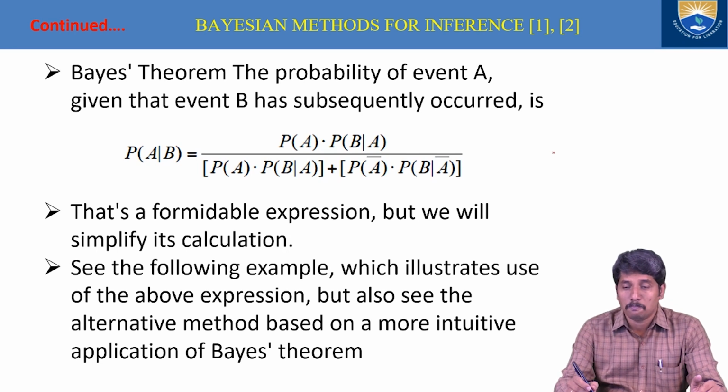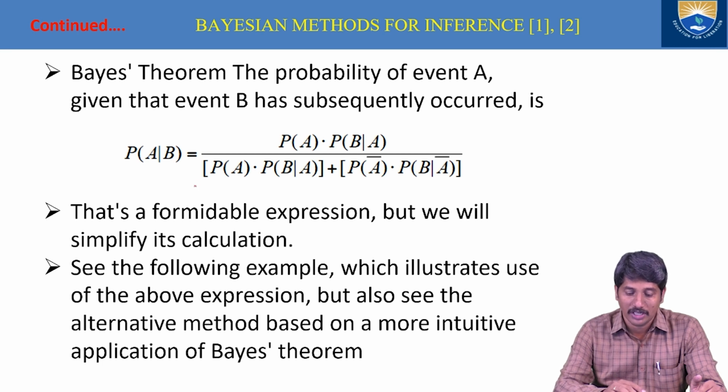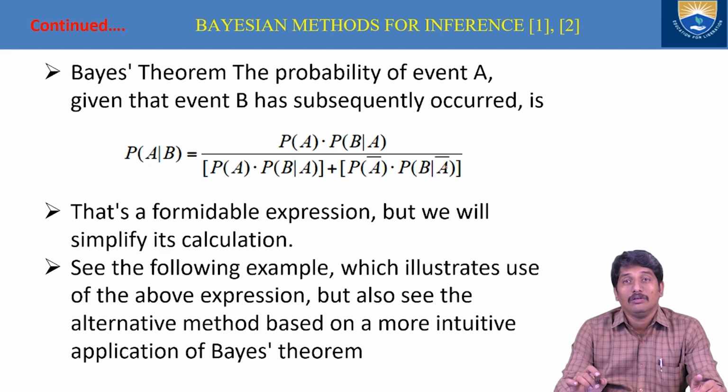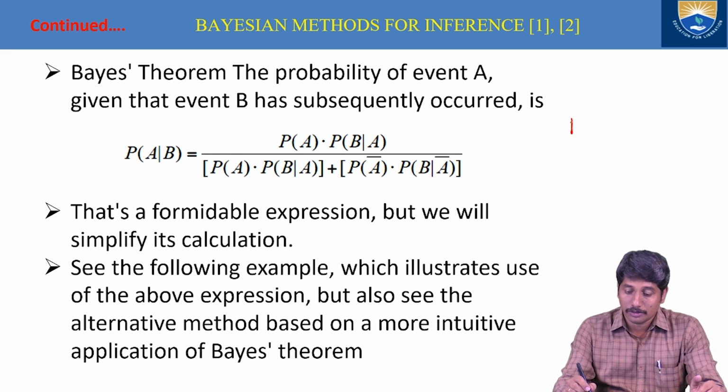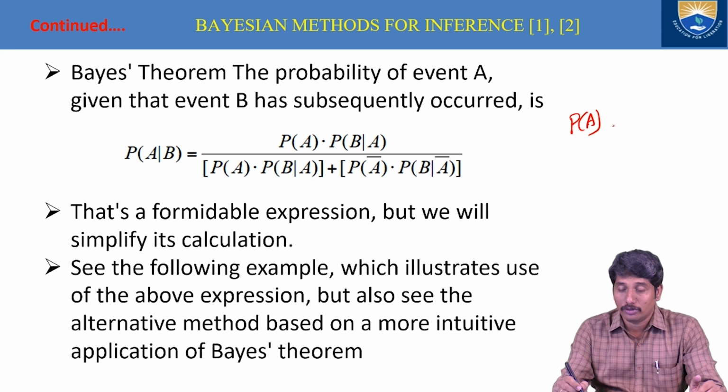Now, Bayes' theorem formula is stated like this: P of A given B is equal to P of A into P of B given A, divided by P of A into P of B given A plus P of A complement into P of B given A complement. Here you are assuming that you know P of A, the probability of winning a game.